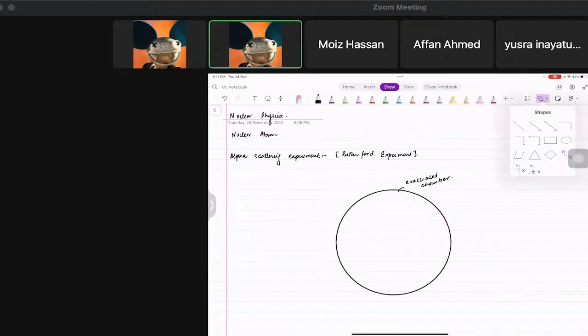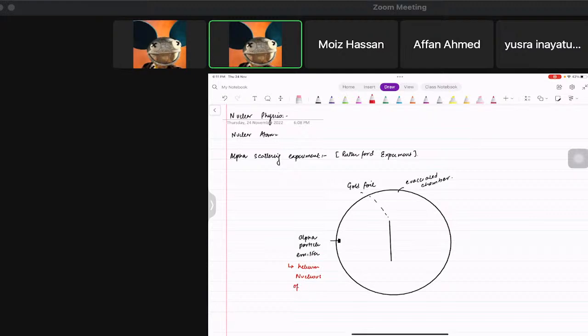Now, in the center we had a gold foil, and then through one side there is an alpha particle emitter. Alpha particle basically is a helium nucleus of +2 charge. Alright, so it's a positive particle.